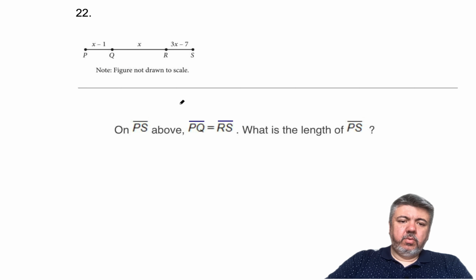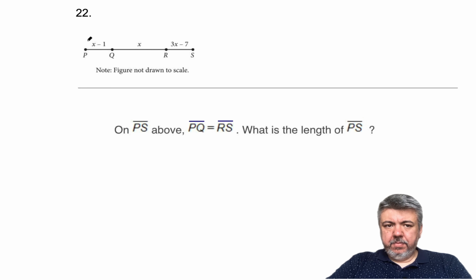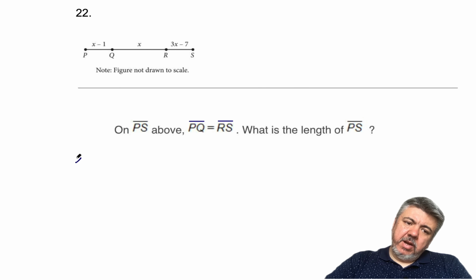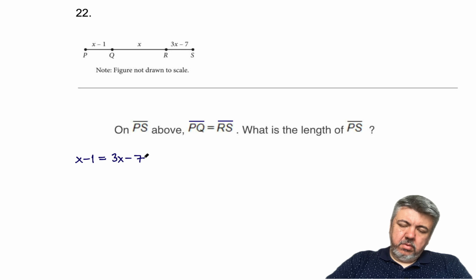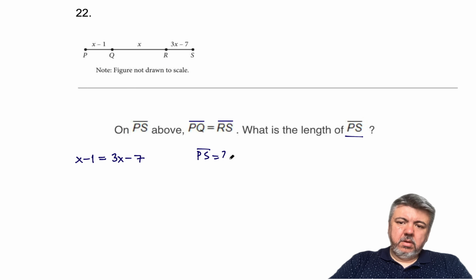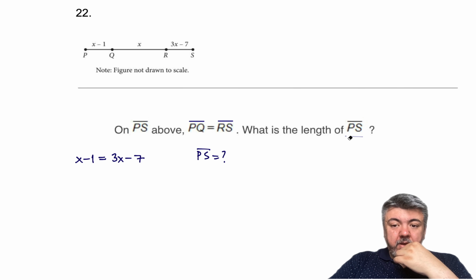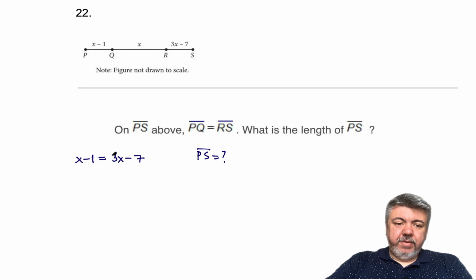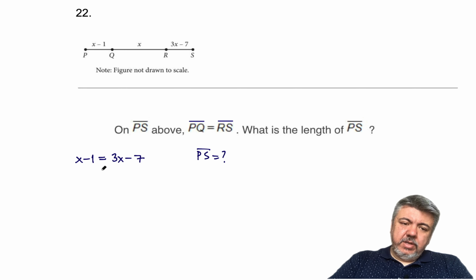Question 22, PS here, yeah, this one. PQ equals RS. PQ is x minus 1, RS is 3x minus 7. Okay, what is PS? Okay, we can do that. First, let's find the value of x. We can do it this way. First, add minus x to both sides.